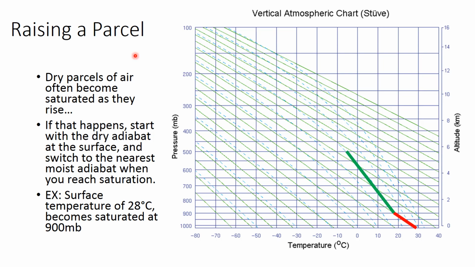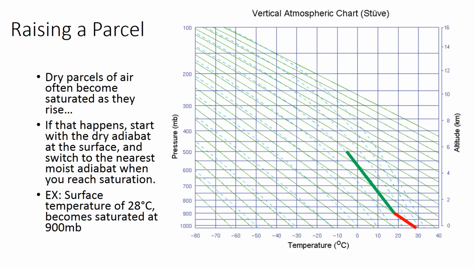Let's do another example. Let me pull out my pen here. And just to make this a little more interesting, let me use red to represent dry. Let's say we have a parcel of air with a surface temperature of, sorry, sometimes this cursor disappears on me. Let's do 8 degrees Celsius, right here.